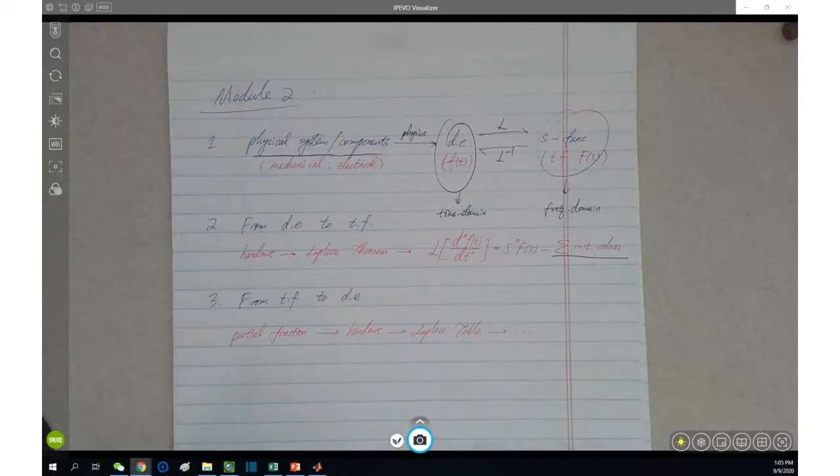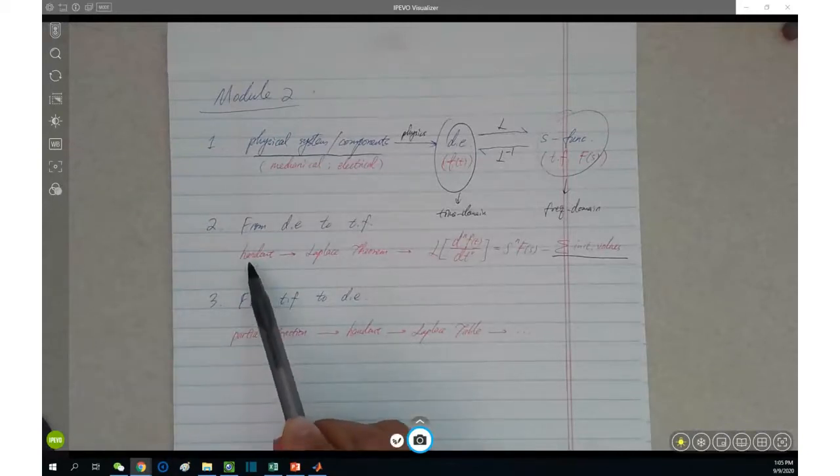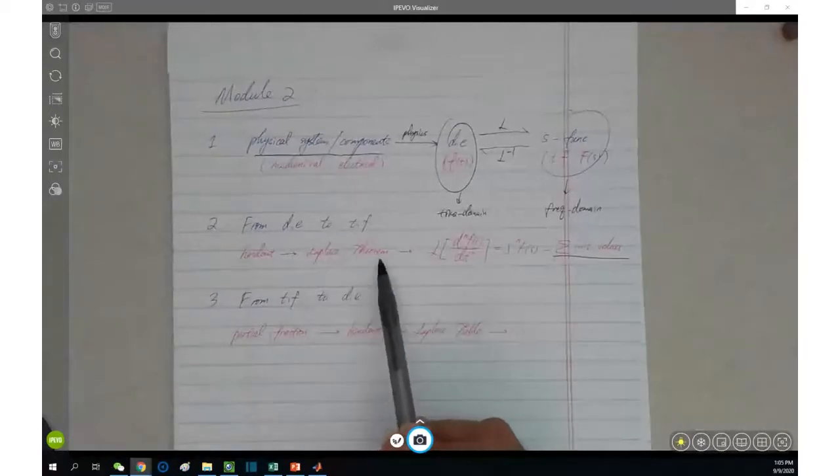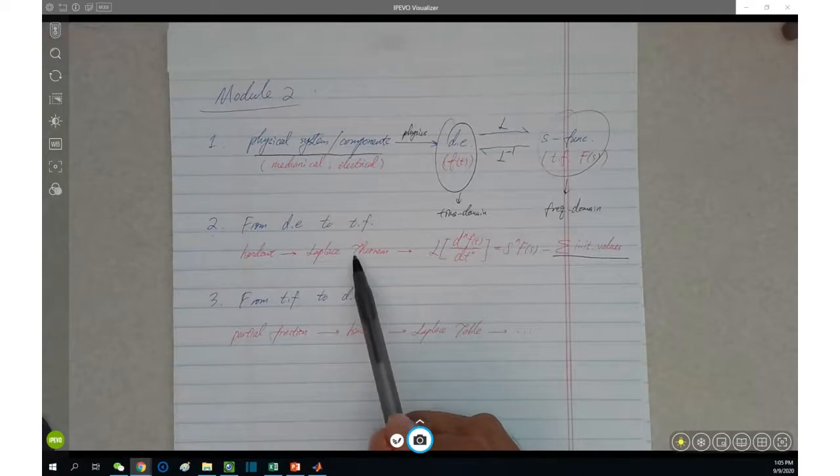We have partially done this in the last lecture. What we need is a handout. Which handout? The Laplace series, because we had two handouts. One is the table, and another is the series. We are using the second one, the series.